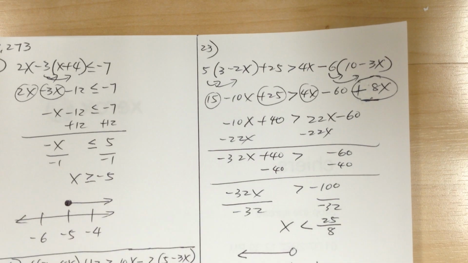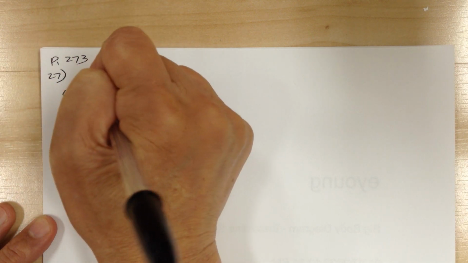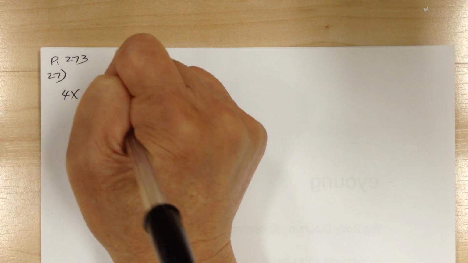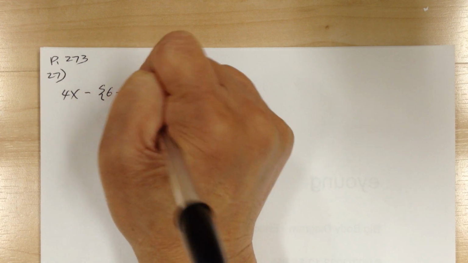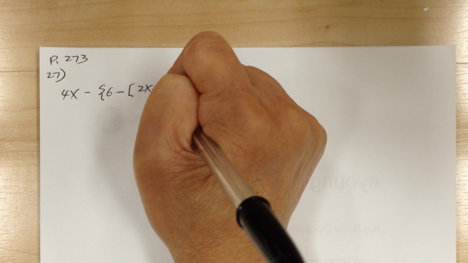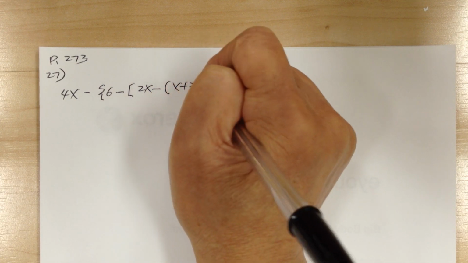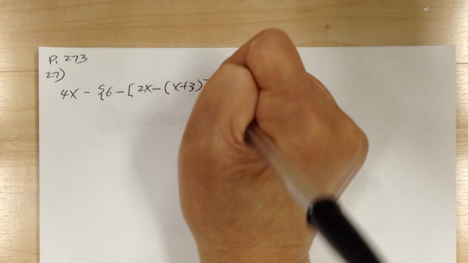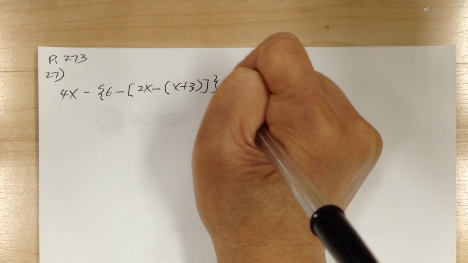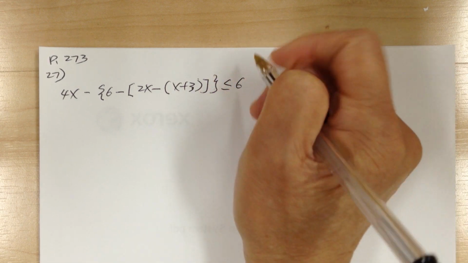Okay, let's go to next one. Okay, so you have 4x minus braces, 6 minus bracket, 2x minus parentheses x plus 3, parentheses, bracket, braces, less than or equal to 6.